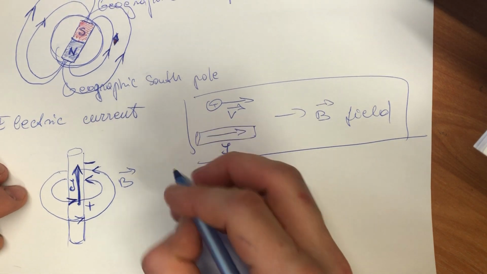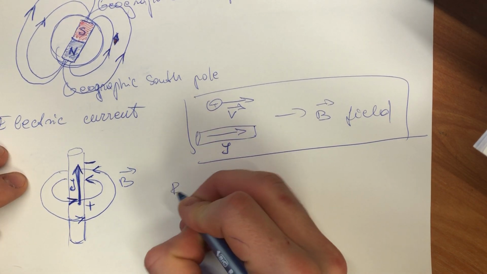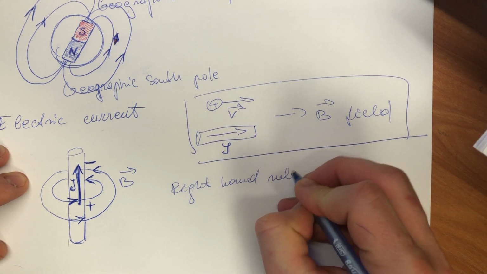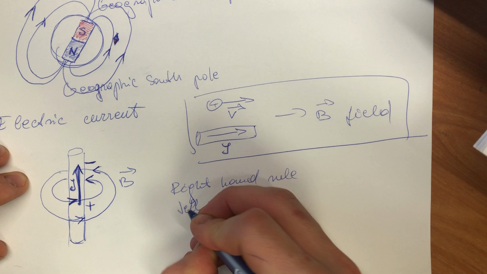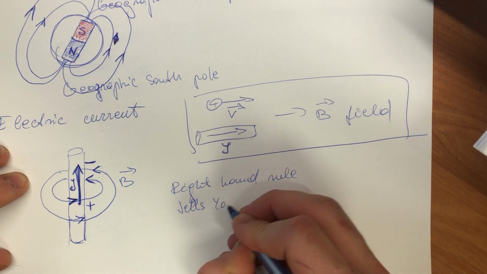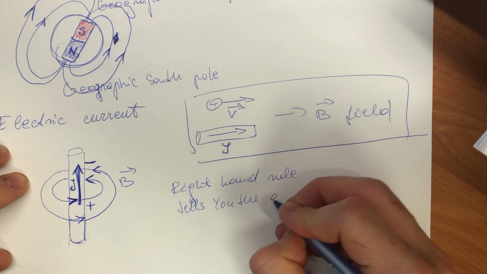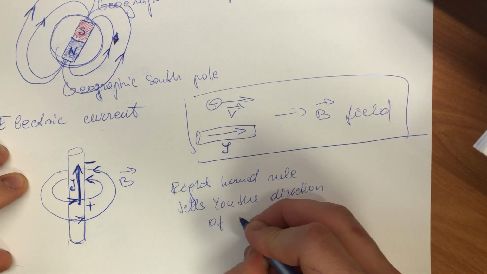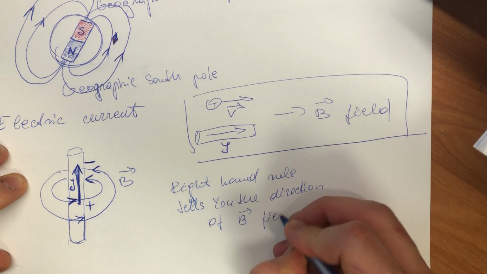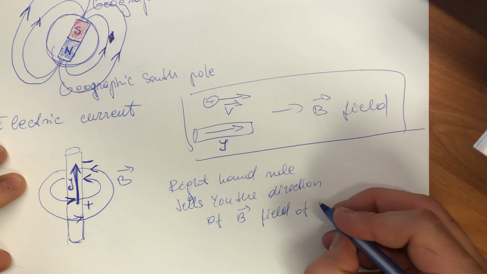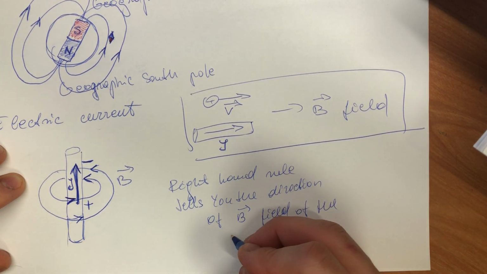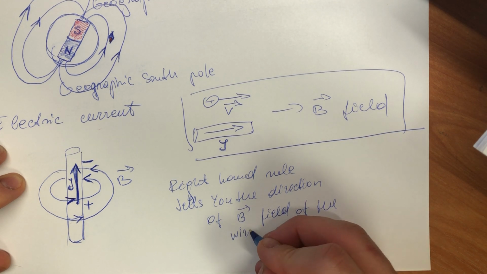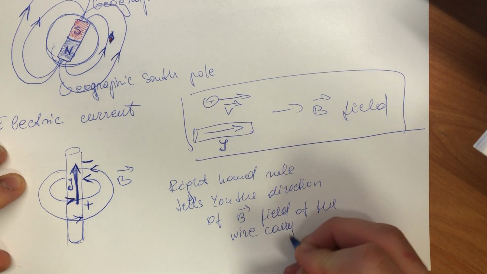The right hand rule tells you the direction of the B field of a wire carrying current.